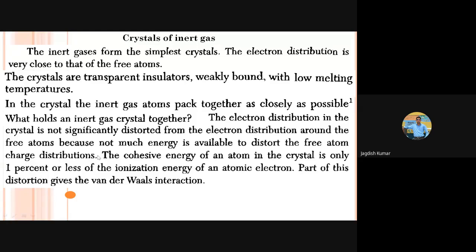I already told you that. The cohesive energy of the atom in the crystal is only 1% or less of the ionization energy of atomic electrons. So if you compare the cohesive energies of the inert gas crystals, these energies are very, very less in comparison to the ionization energies or electronic energies.